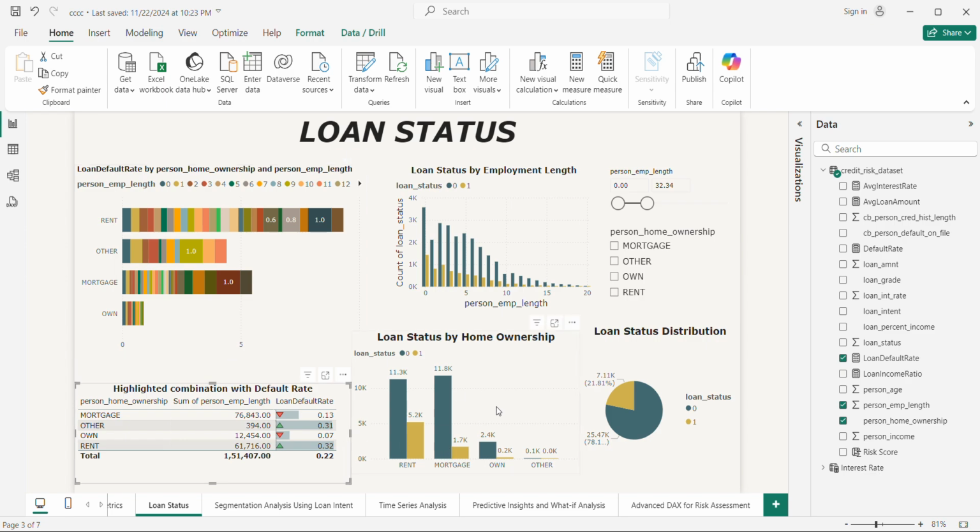And loan status by home ownership, where loan status is the legend, shows the loan status distribution of 0 and 1.